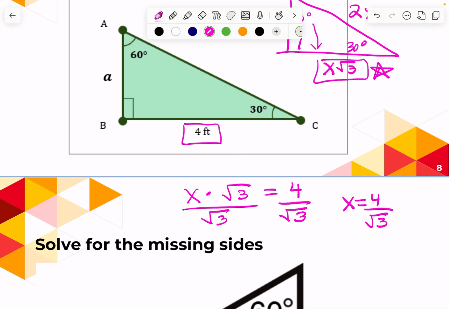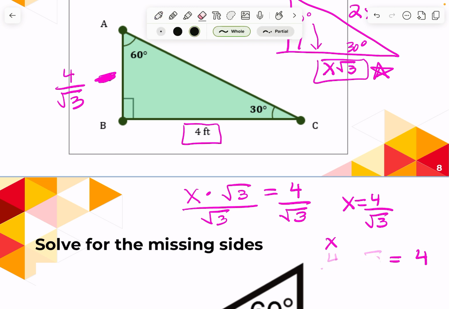So technically, I could go over here and just say 4 root 3. Because do we see that 4 over root 3 times root 3 gives us 4. And this is x, and that's the root 3 in the formula. So that's why that works.